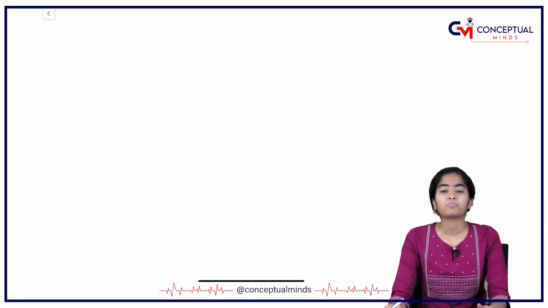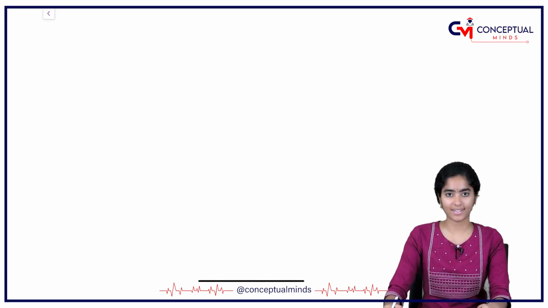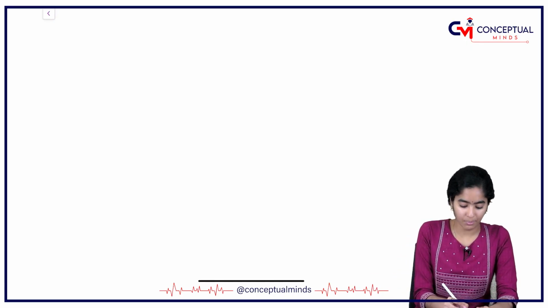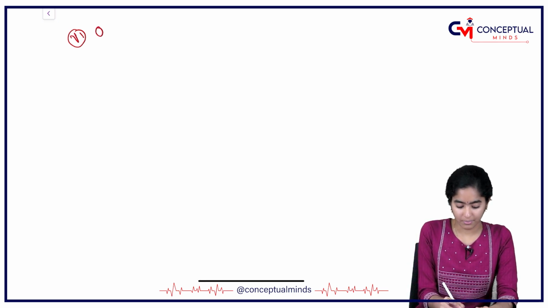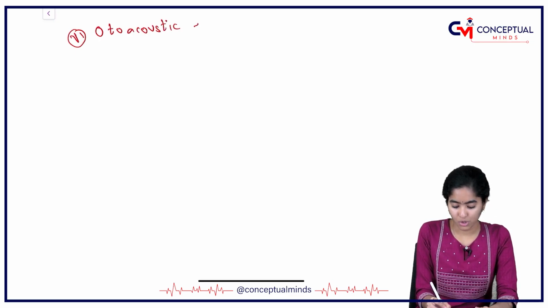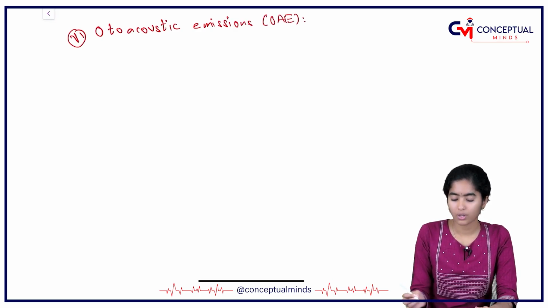Welcome dear students. In continuation of special audiometric tests, in this video let us learn about the sixth type of test in this category, that is otoacoustic emissions, which is called OAE in short.